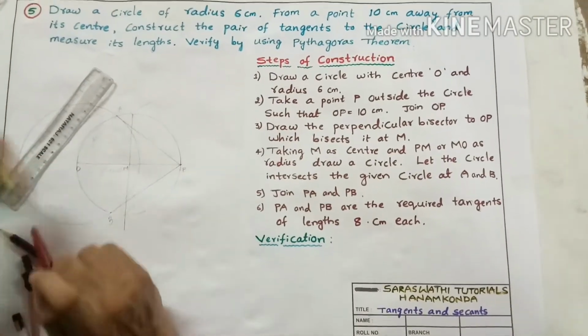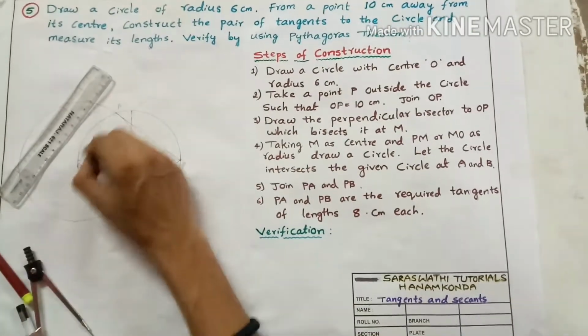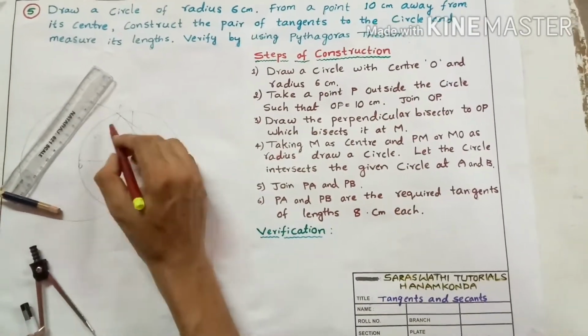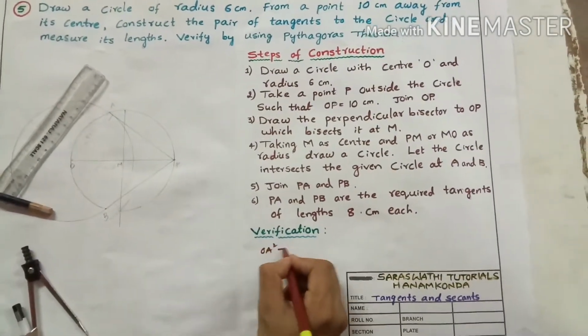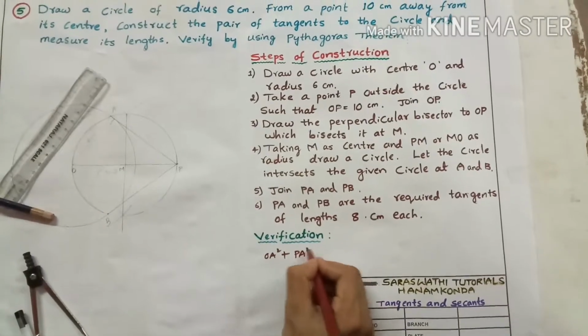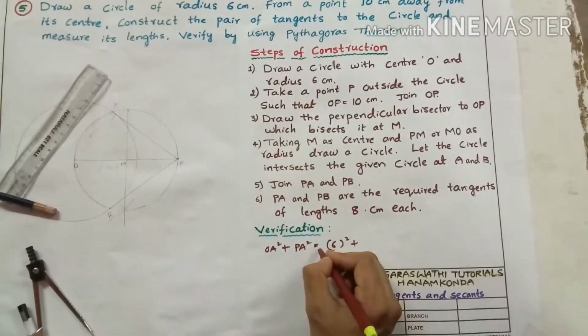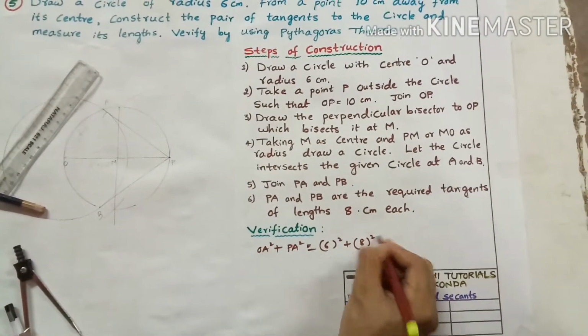So here it forms a right angle triangle at A. Now OA square plus PA square: OA is 6 square plus PA is 8 square.